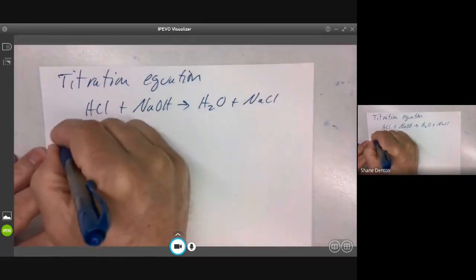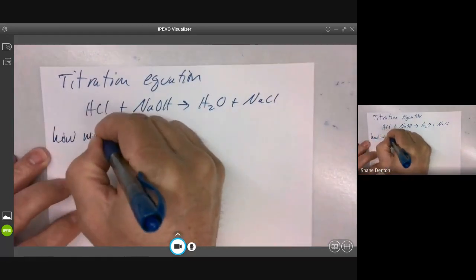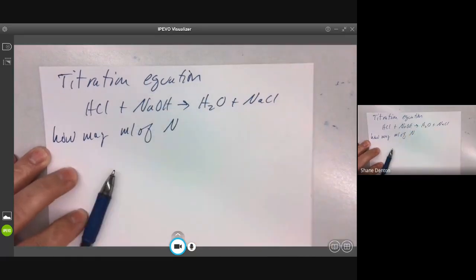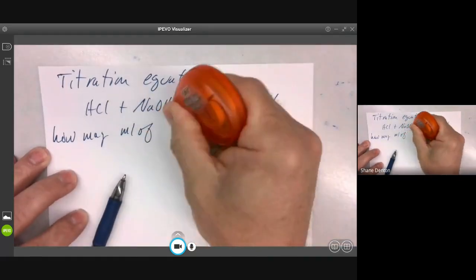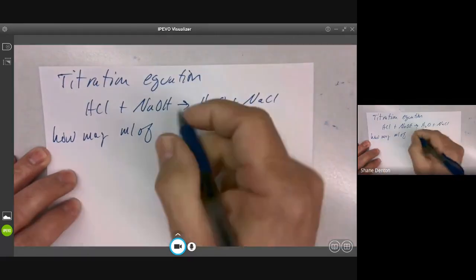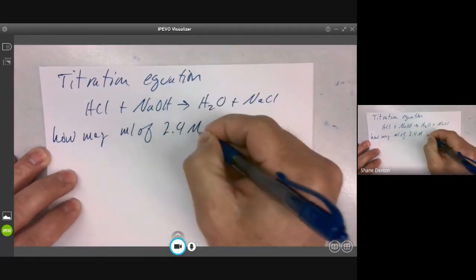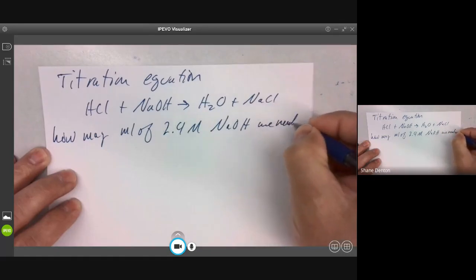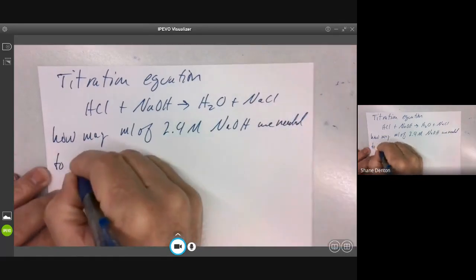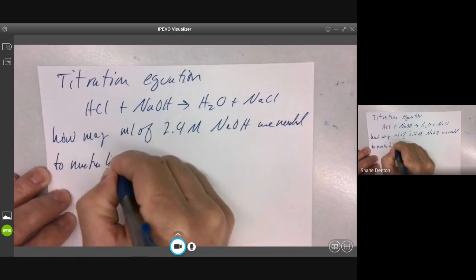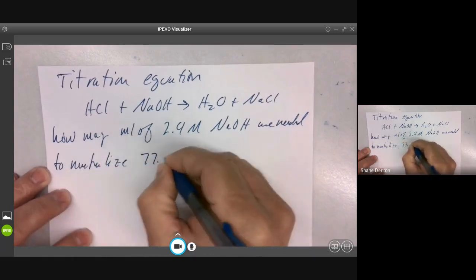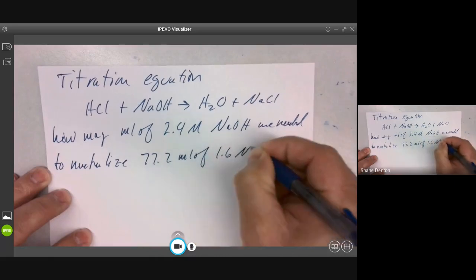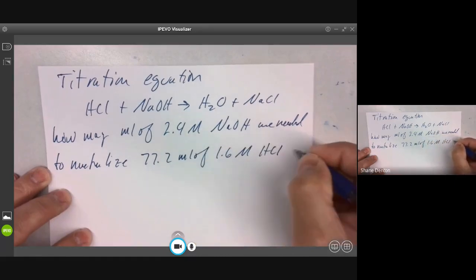And I said, how many milliliters of 2.4 molar NaOH are needed to neutralize 77.2 milliliters of 1.6 molar HCl.